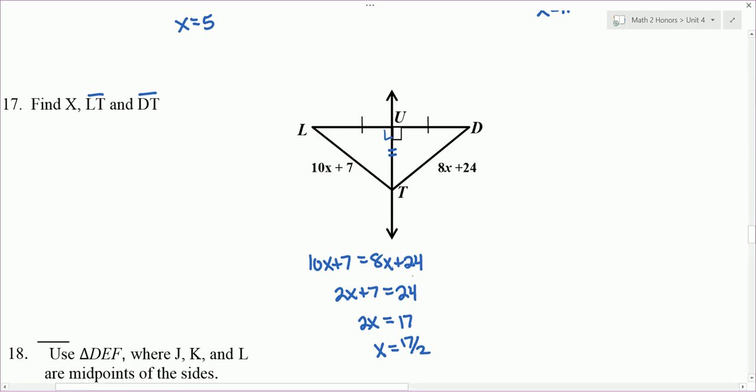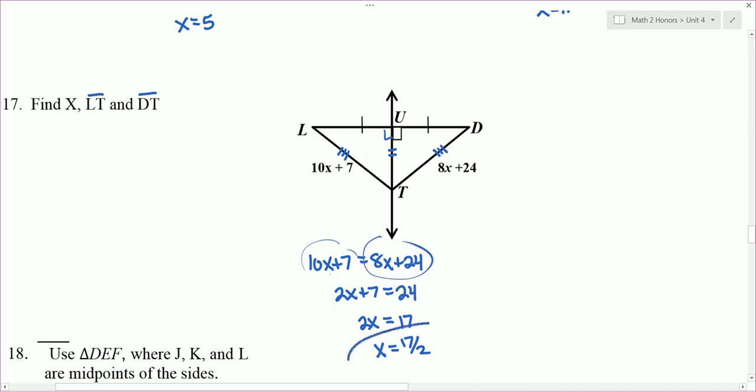LT and DT, because their corresponding segments are going to be equal to each other. We even set them equal here. So if we find one length, then we found them both.